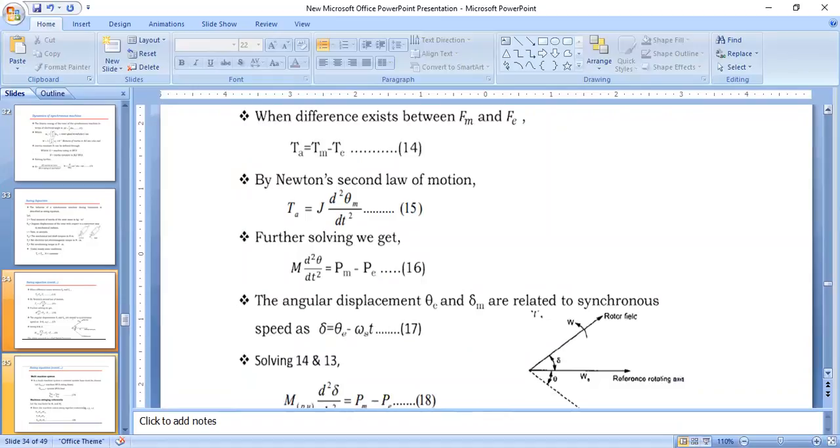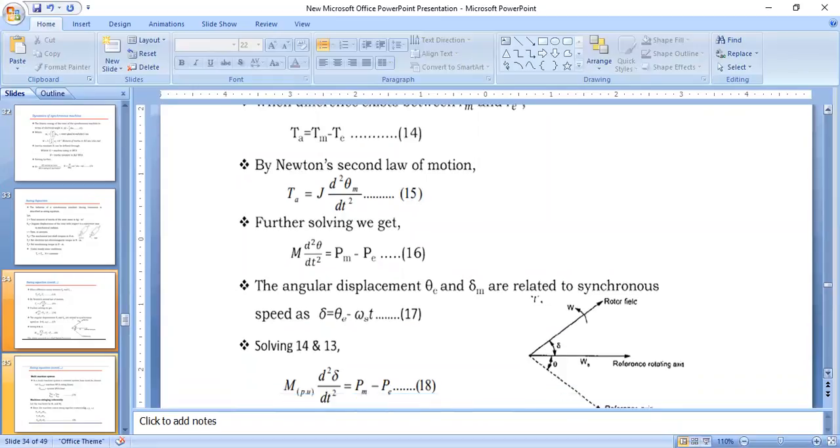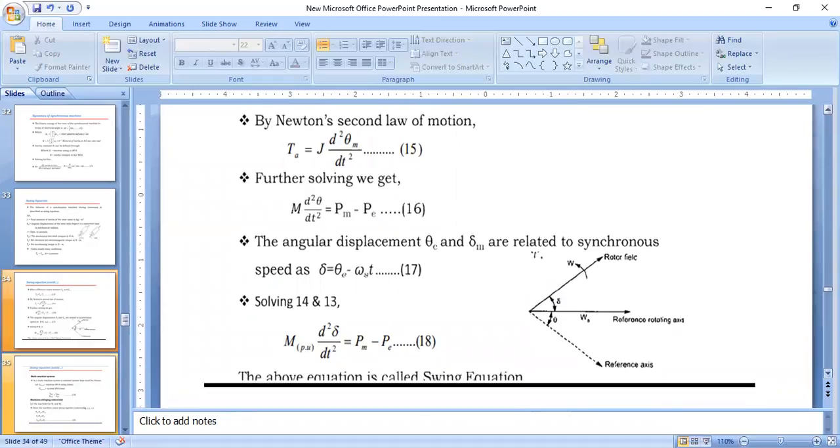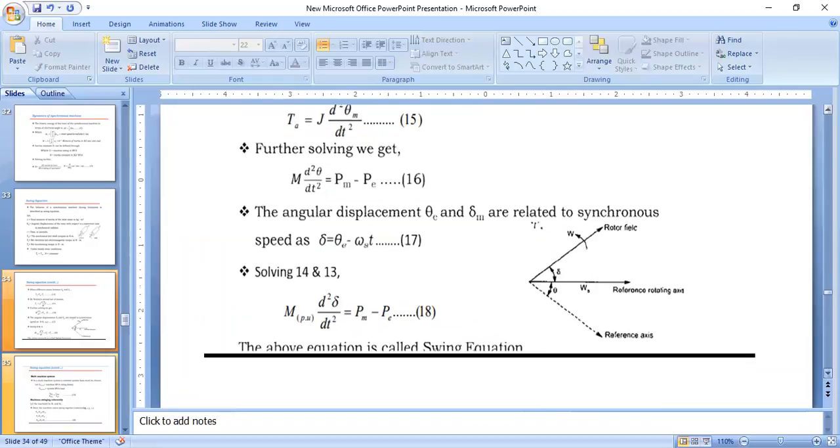The angular displacements theta e and theta m are related to synchronous speed as delta is equal to theta e minus omega s t. Solving the above equations 13 and 14, in per unit quantities, M d square delta by dt square is equal to Pm minus Pe. The above equation is called the swing equation.